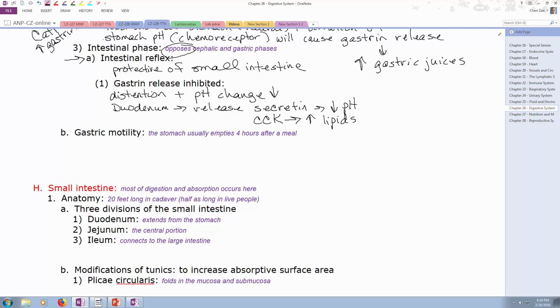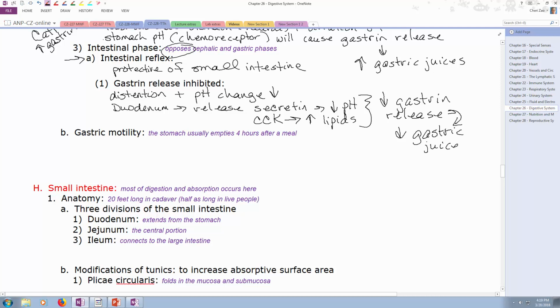Both of these, both secretin and CCK, this is what stimulates their release: drop in pH and presence of lipids. That stimulates their release. And both of these are designed to decrease gastrin hormone release and therefore decrease gastric juices.